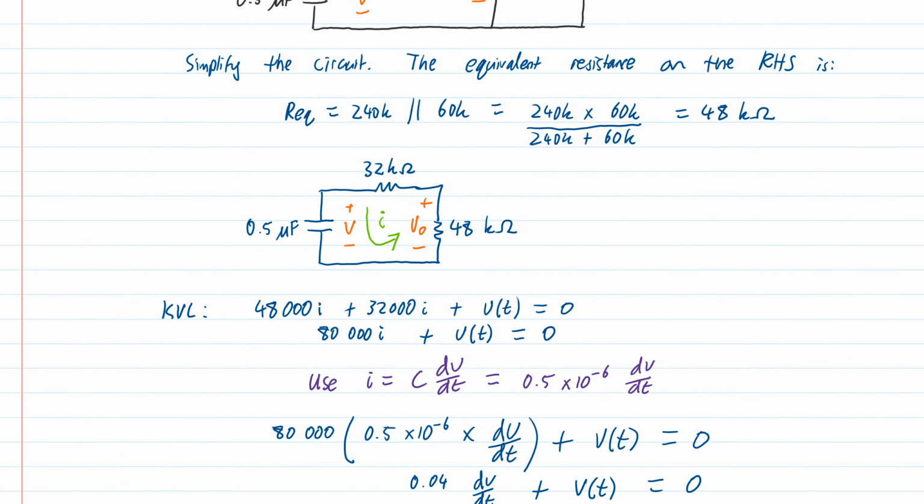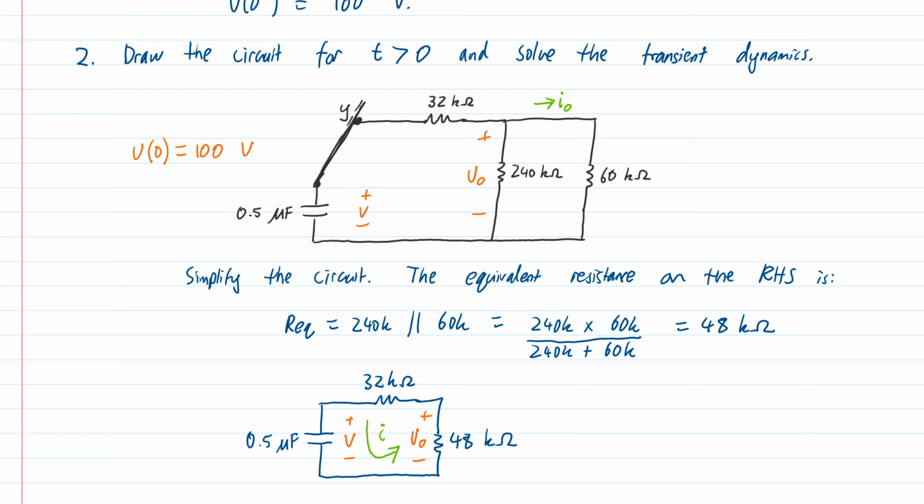Now we also were asked to solve for the current here, I0, that flows down this 60 kilo ohm branch. And this one is straightforward because we now know the voltage. Given that I know the voltage here, I also know the voltage on this branch. They're connected by the same nodes.